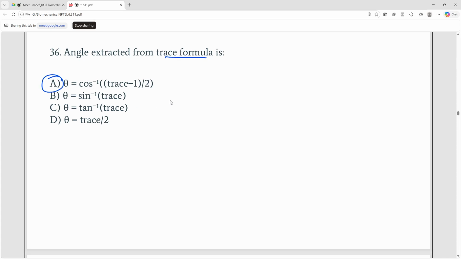Correct answer is option A, theta is equal to cos inverse of trace minus 1 by 2, where trace is R11 plus R22 plus R33.